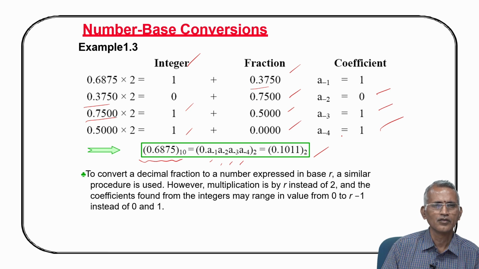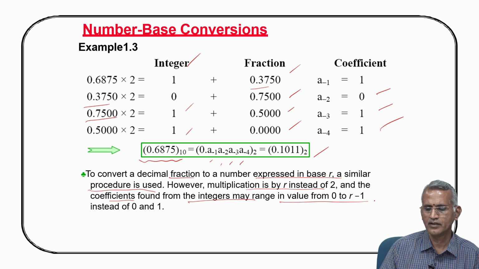Now, to convert a decimal fraction to a number expressed in base r, a similar procedure is used. However, multiplication is by r instead of 2, and the coefficients found from the integer may range in values from 0 to r minus 1 instead of 0 and 1.